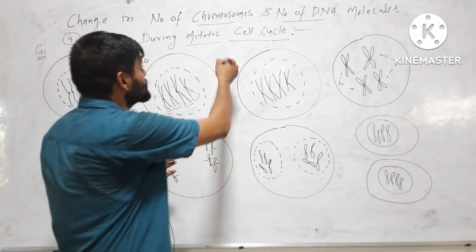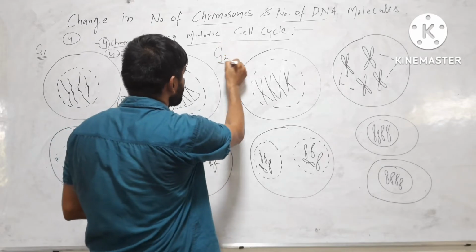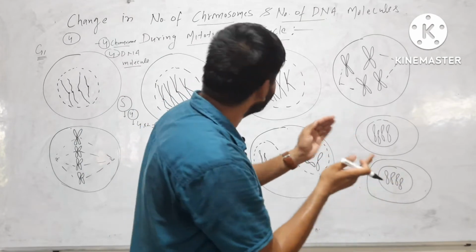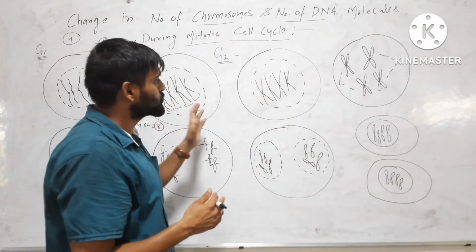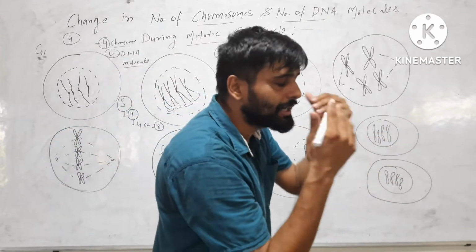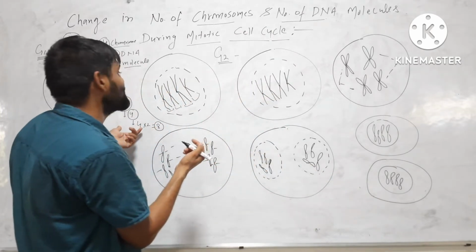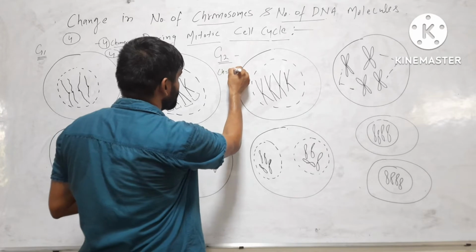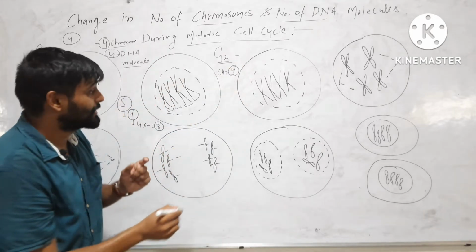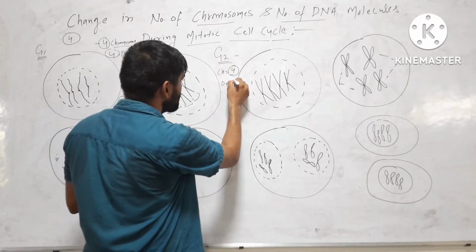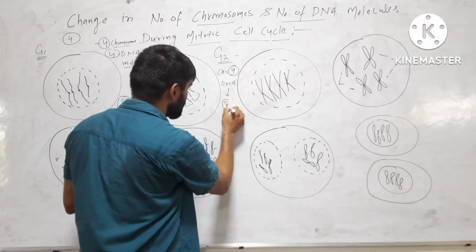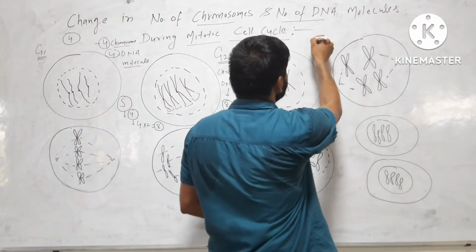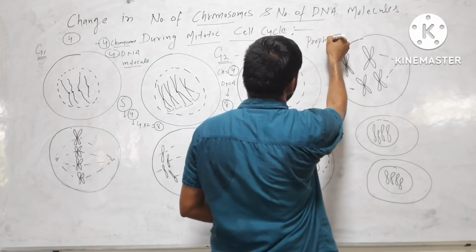Now coming to G2 phase, growth 2 phase. At this phase, a little bit of condensation occurs of this chromosome, but number will remain same. So here chromosome number will be 4 and DNA molecule will be 8. Now coming to the next phase, that is called prophase.